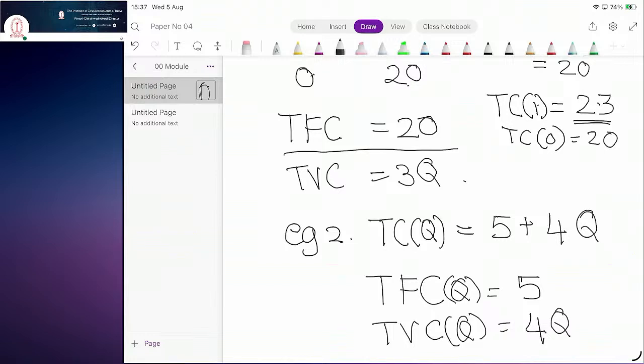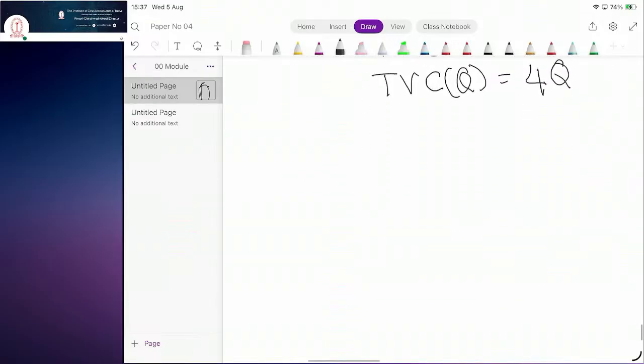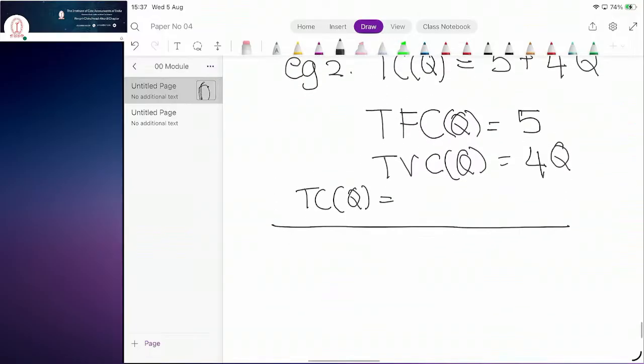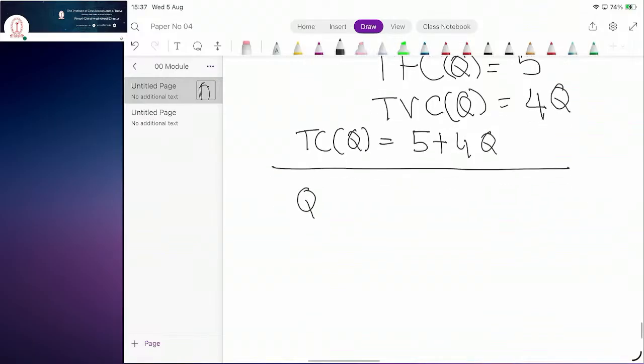Is that clear to all of you? Very good. So just quickly do this. TC is given by 5 plus 4Q, we have taken 5 plus 4Q.